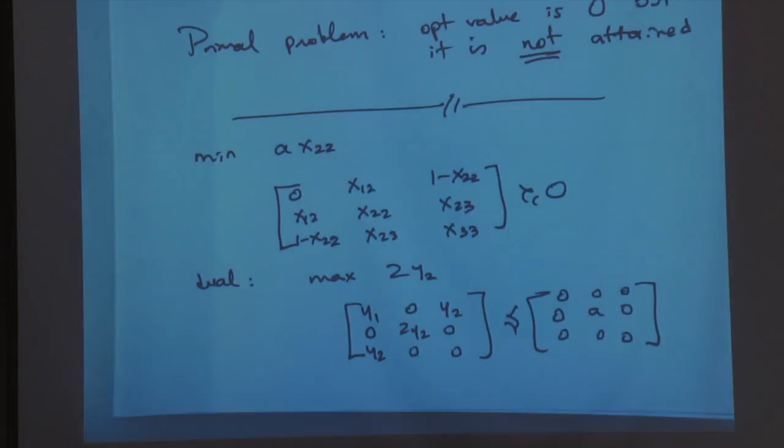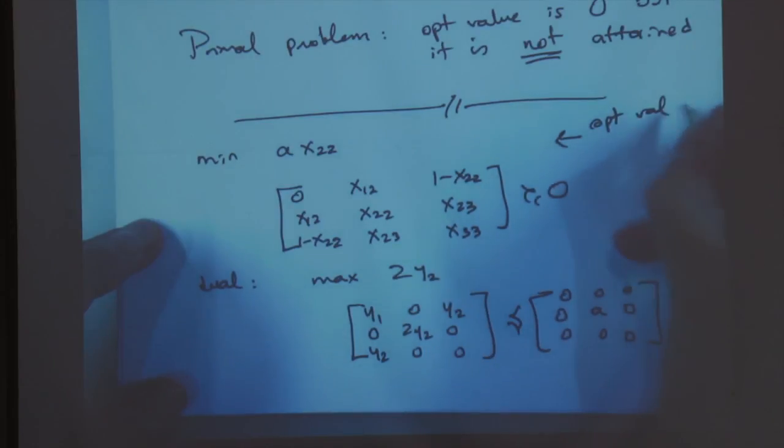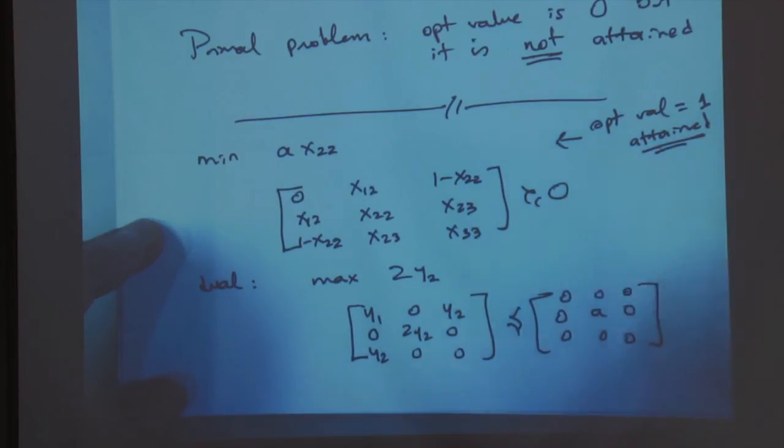And in this case, the optimal value here is equal to 1 and is attained. And in this case, the optimal value is equal to 0 and is also attained.